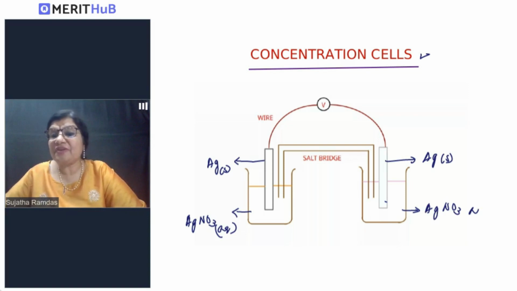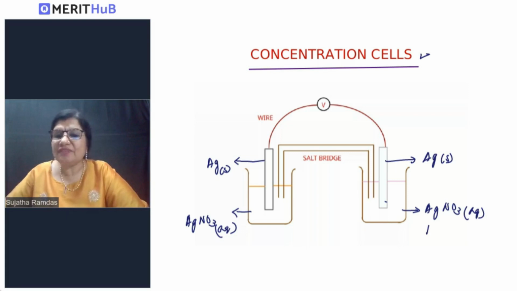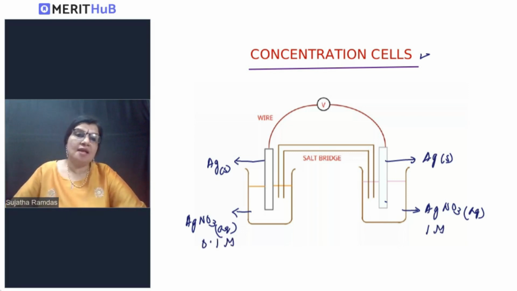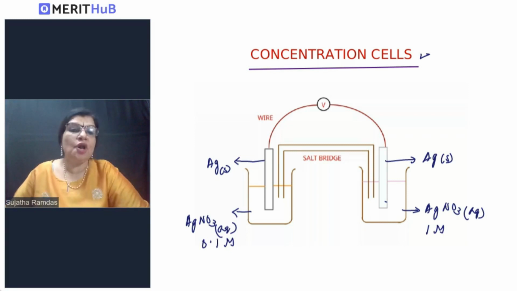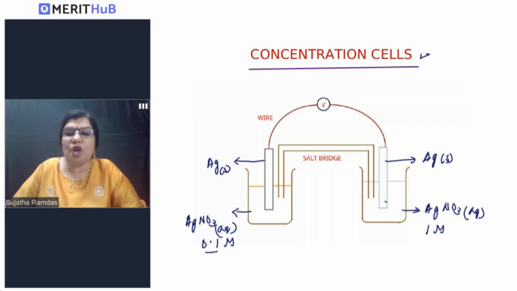But the difference lies in the concentrations of both the solutions. If this is 1 molar and if this is 0.1 molar, this is a typical representation of a concentration cell. So this is what is meant by a concentration cell, where the two compartments of the anode and cathode have the same solution but of different concentrations.